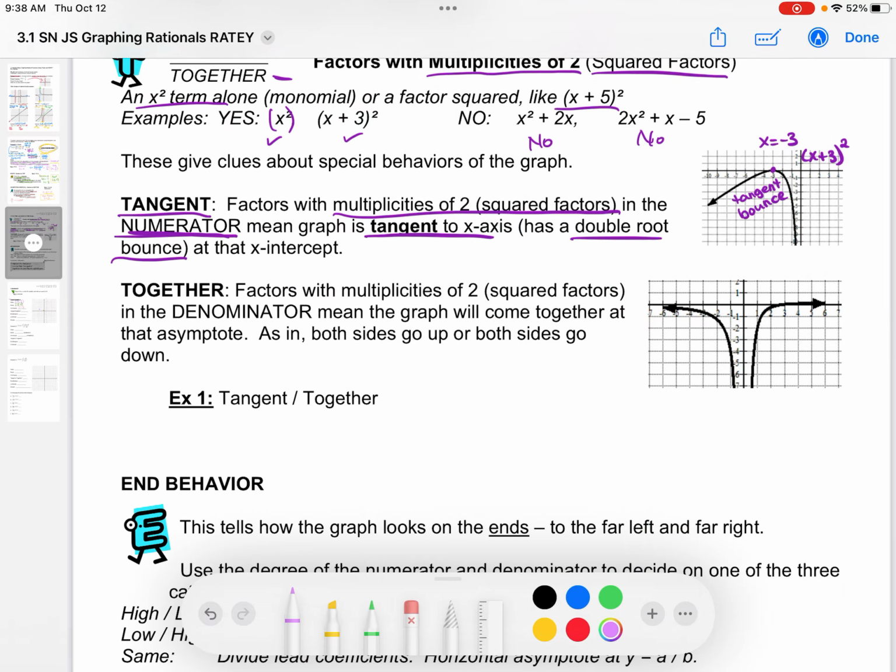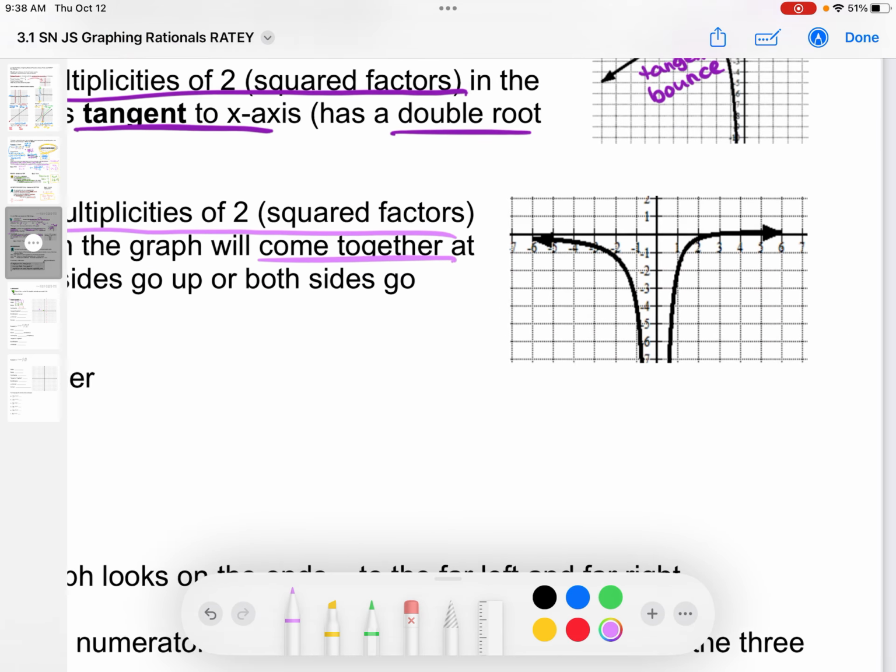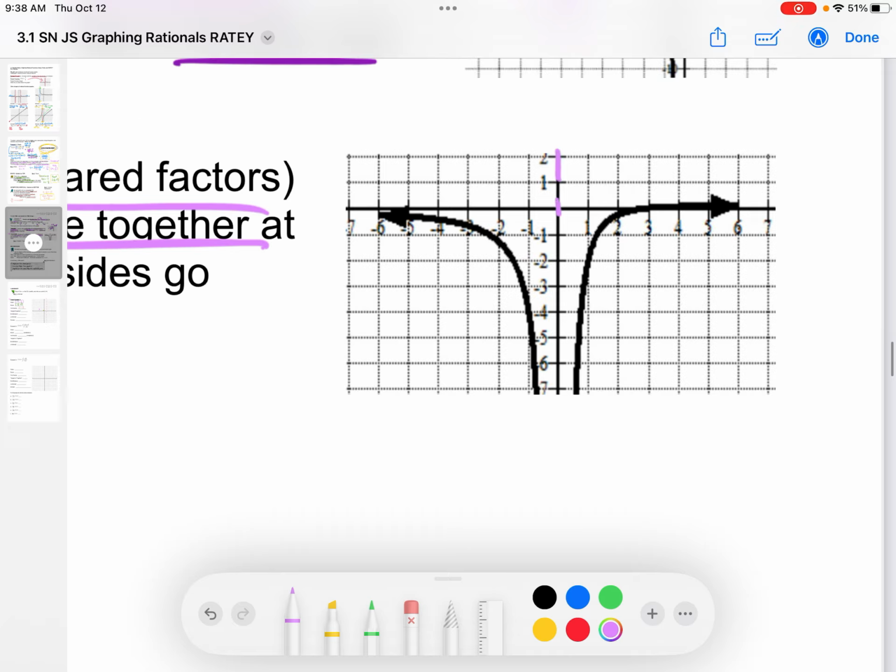Just like in polynomials, when we had the factor squared, it made the tangent bounce on the graph. The other place a squared factor, a multiplicity of 2, can happen is in the denominator. If it happens in the denominator, we call that a together. Because this factor is in the denominator, it affected the vertical asymptotes. So the graph will come together at that asymptote, as in both sides go up or both sides go down. So we have in this graph a vertical asymptote at x equals 0.